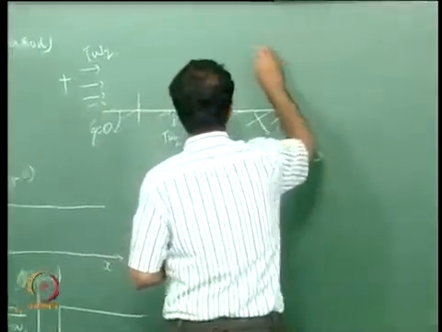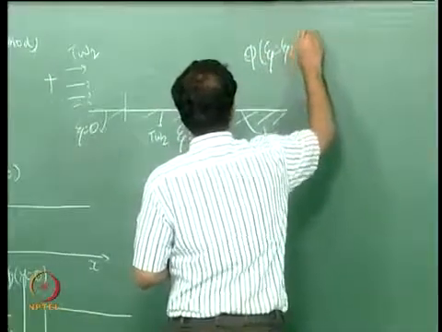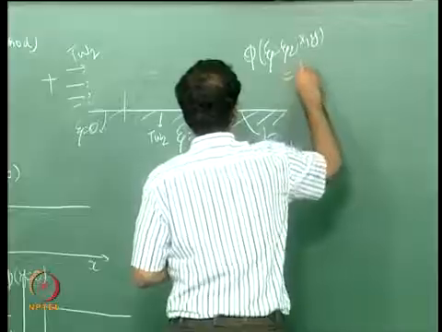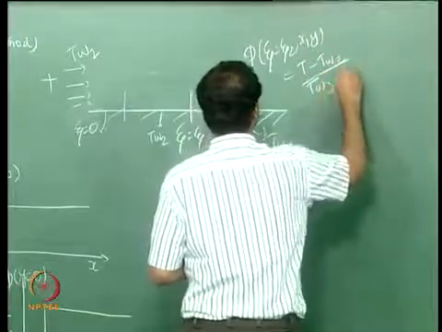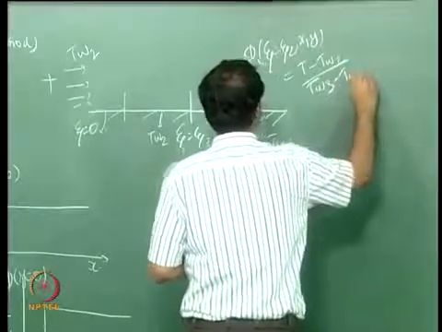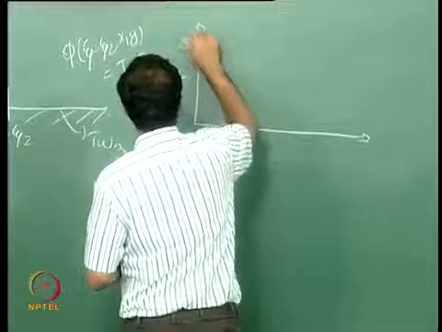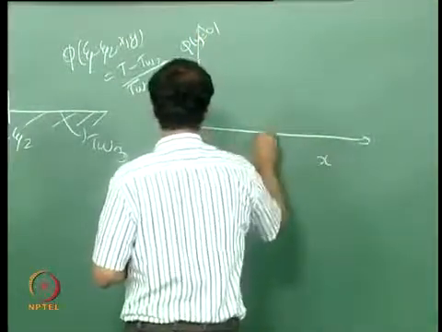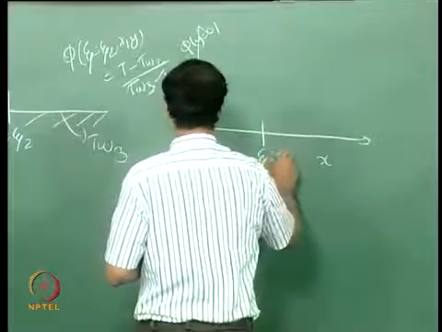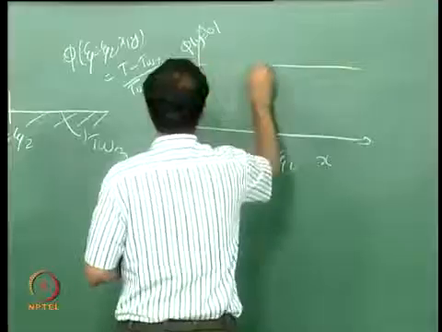and you define your phi as zeta equal to zeta 2, comma x, comma y, which is equal to T minus T wall 2 by T wall 3 minus T wall 2. So if you plot again phi at y equal to 0 as a function of x, okay, so till zeta equal to zeta 2 there is no heat transfer, from here it becomes 1.